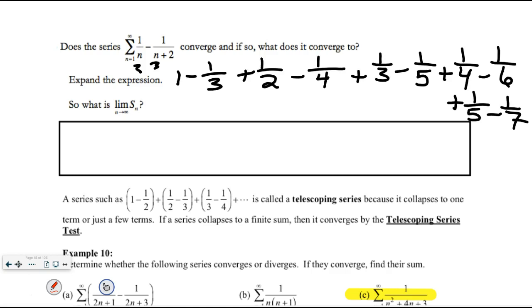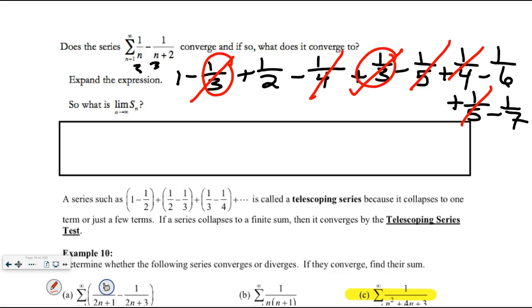Anyway, where was I? Oh, back to telescoping. Watch what happens. Gone, gone, gone, gone, gone, gone. Will 1/6 eventually go? Yeah. Everything's going to go, but look at once it started. Do you see how the first one to go was this one?